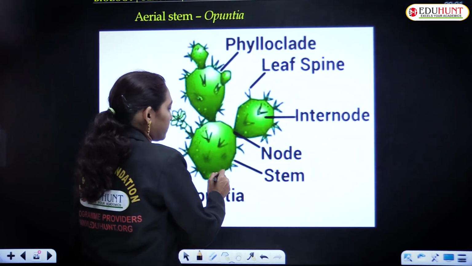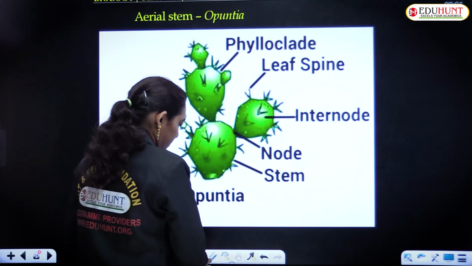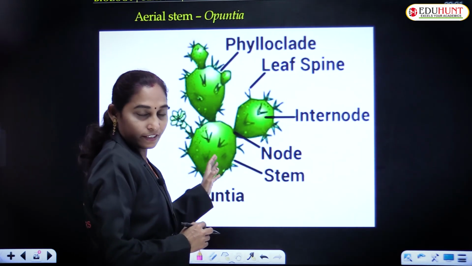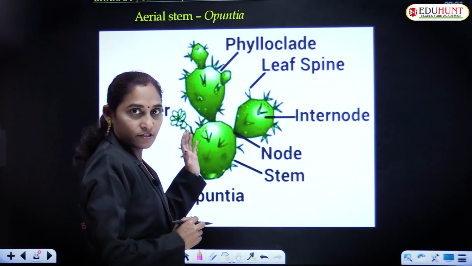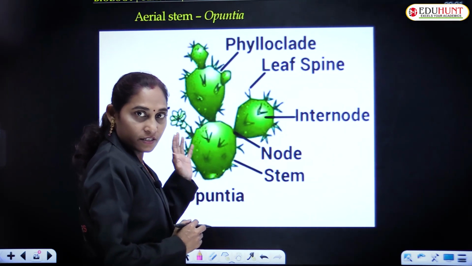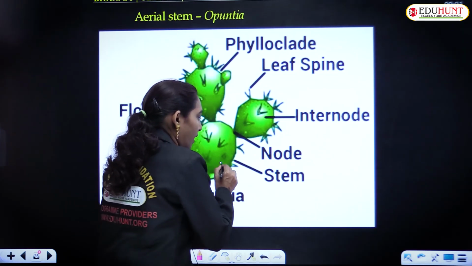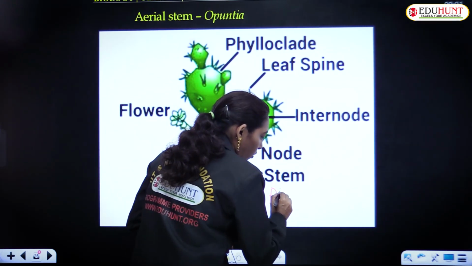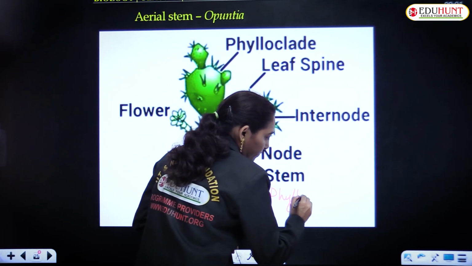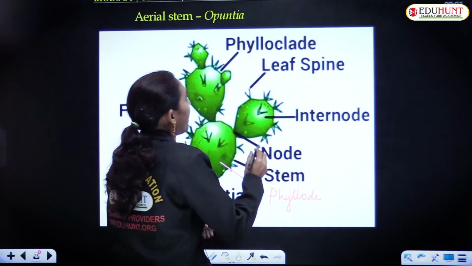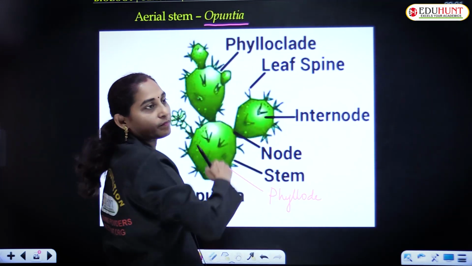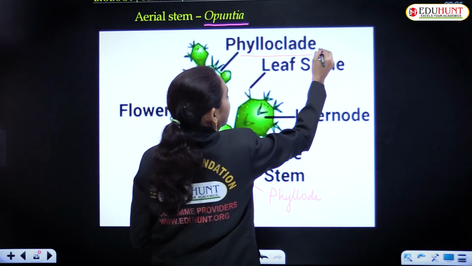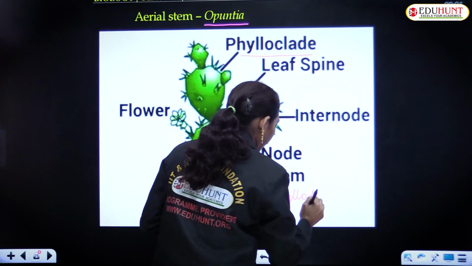It is not a leaf, it is not a stem. It is a modified stem called phylloclade. The plant is opuntia.